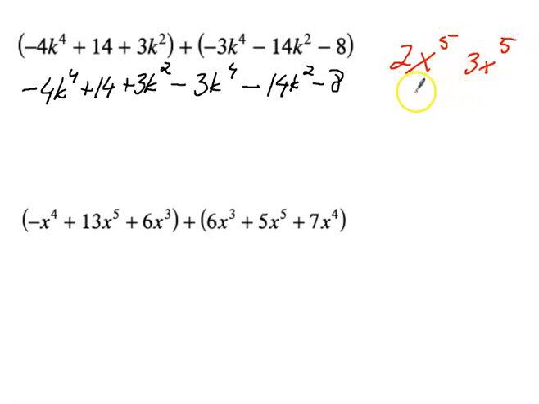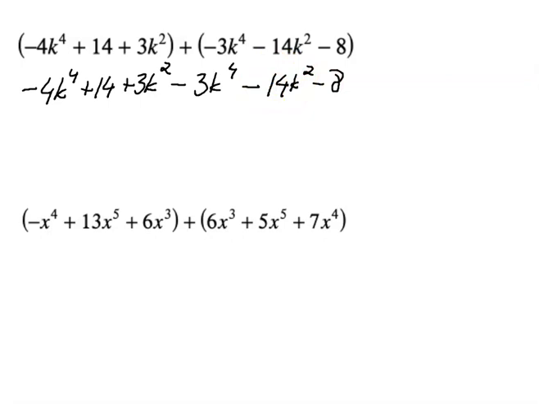Or if you have 2x to the fifth power and then you have 3x to the sixth power, those are not like terms, okay? So like terms have the same variable and the same exponent. It does not matter what's the coefficient in front of it.